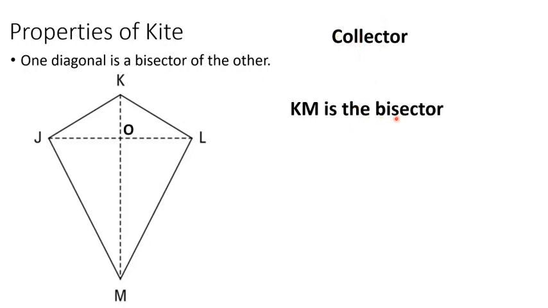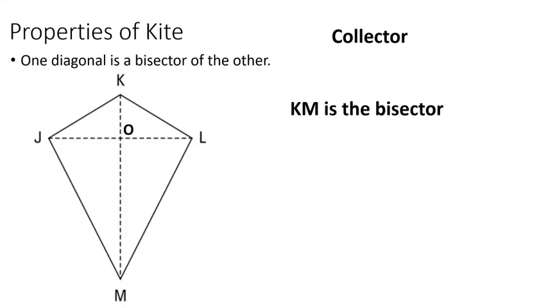So therefore, pag sinabi natin bisector, taga-bisect or tagahati. So yung KM yung naghahati. So KM bisects JL. So yung KM, hinati niya yung JL into two equal parts. Yun yung term na bisect.